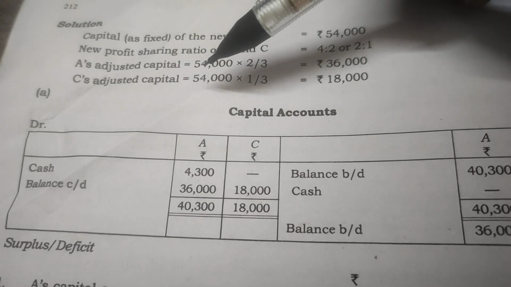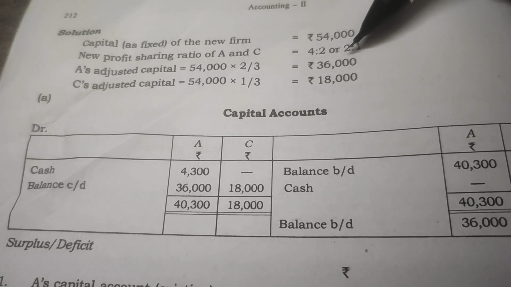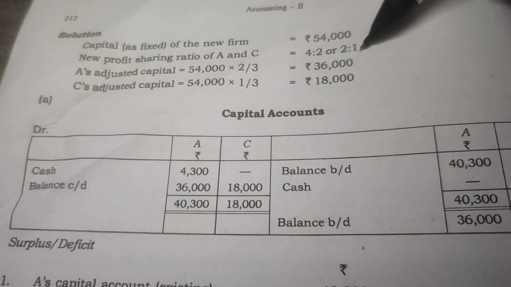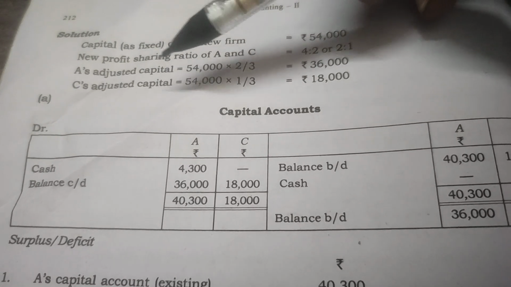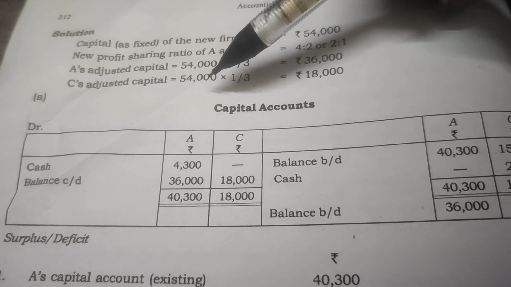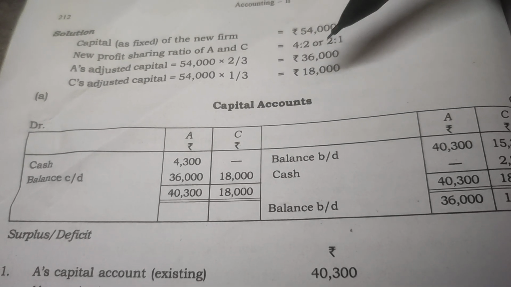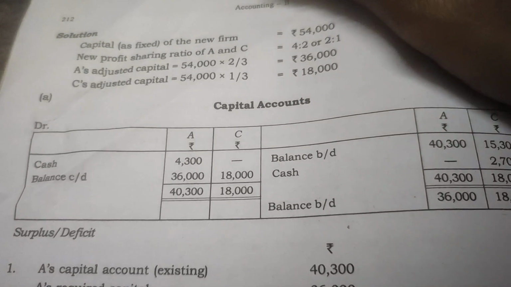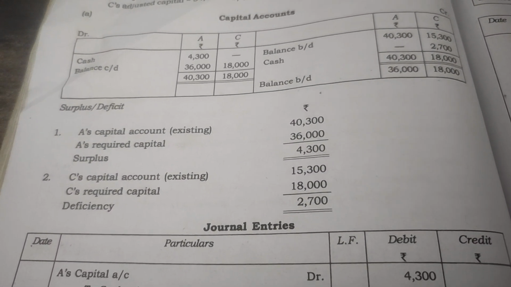Then A's adjusted capital is equal to 54,000 into 2 by the total of the ratio, that is 3. That will be 36,000. Then C's adjusted capital is equal to 54,000 into 1 by 3. That will be 18,000.